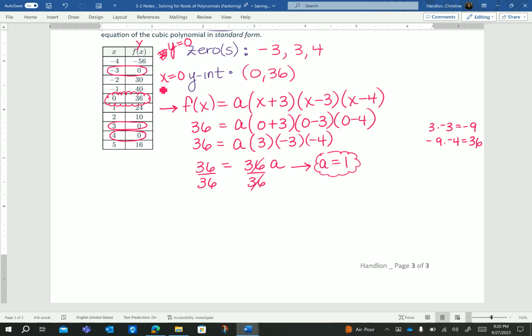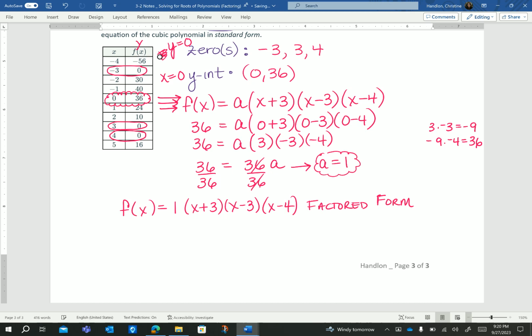This one right here, the one I'm putting arrows by, okay? So, f of x equals the a I found to be 1 times x plus 3, x minus 3, and x minus 4. This is my factored form, but I need it to go into standard form, okay?